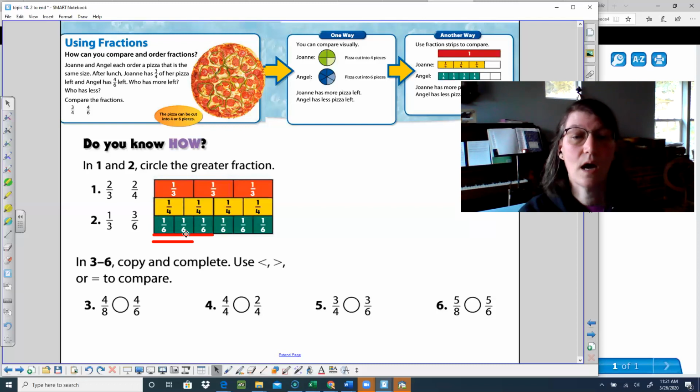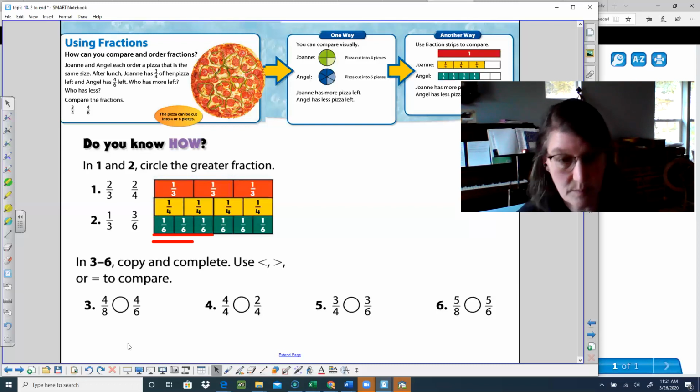Okay, so I would like you to take a moment to please copy all of these down. If I could pause the video, I would. It would have been smart if I'd have pre-written all these, but I didn't. This is a learning curve. So you are writing 4/8 and 4/6. You are writing 4/4 and 2/4.